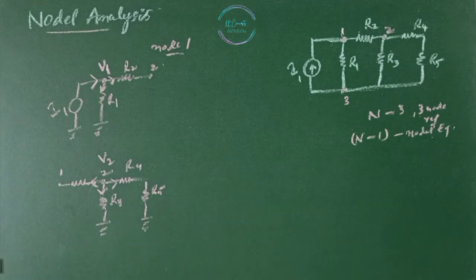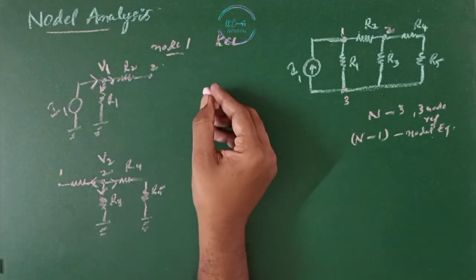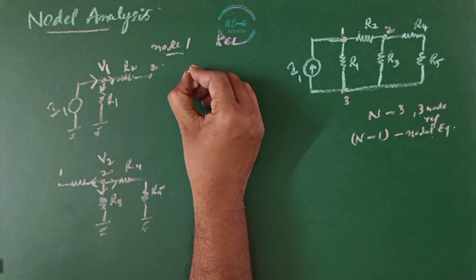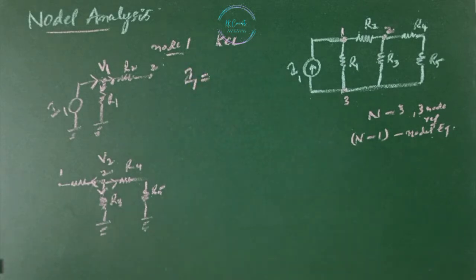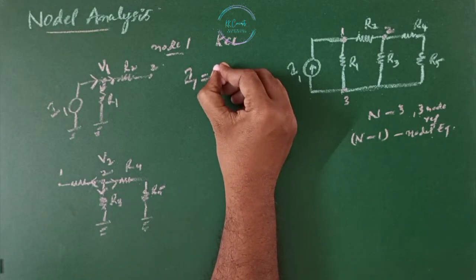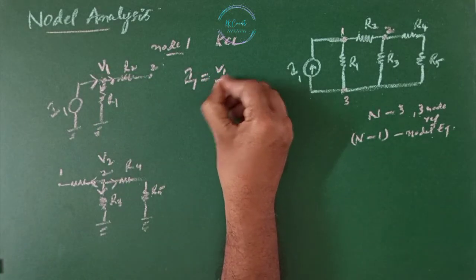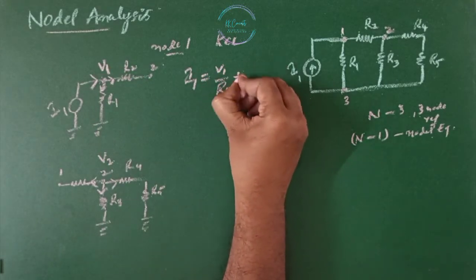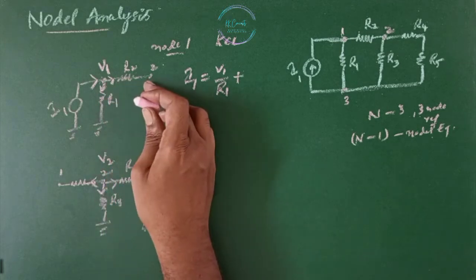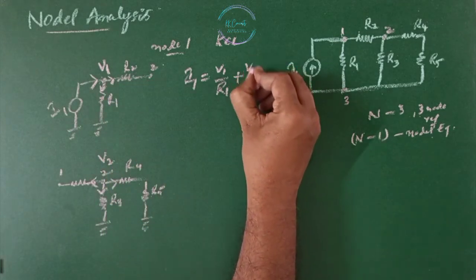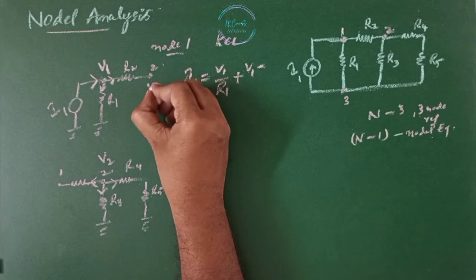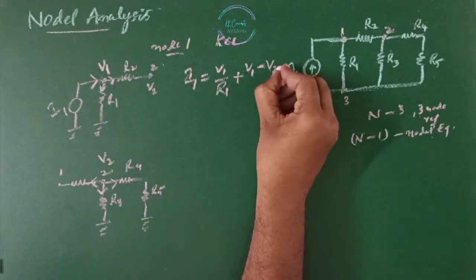Then applying KCL at this node, we get the current I1 coming in equals the current which is leaving, that is V1 divided by R1, plus the current leaving through this branch, that is V1 minus V2 divided by R2.